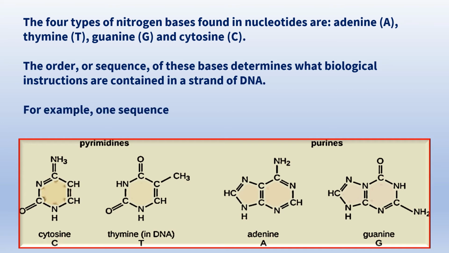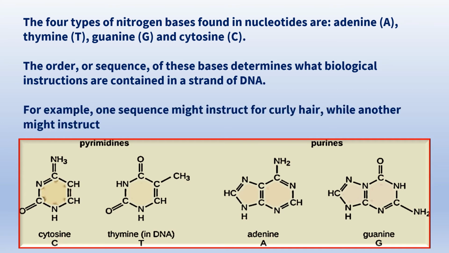For example, one sequence may say the child will have curly hair. Another might instruct for straight hair. Similarly, the color of eyes, color of skin, the height and bone structure are determined by these pyrimidines and purines, the sequence of how they are placed in DNA.